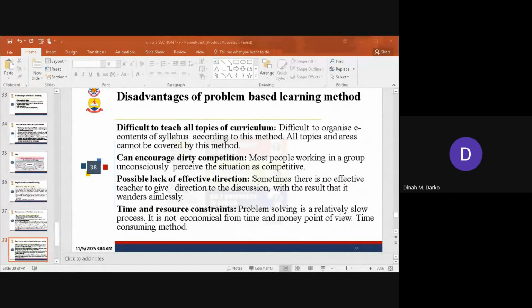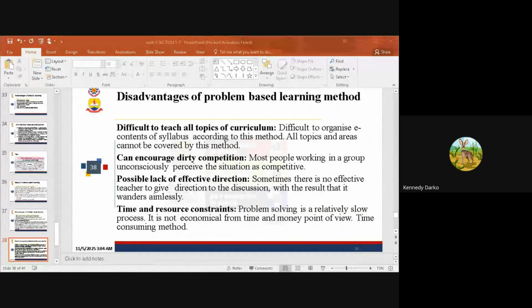I don't know if you can draw a clear difference between project-based learning and problem-based learning. All right. For instance, with problem-based learning, the problem has been given to you.